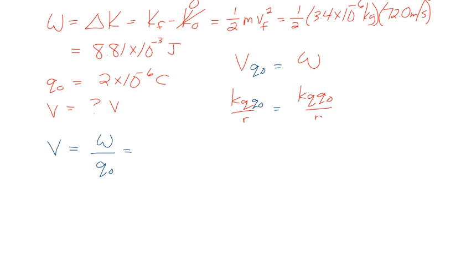So the W is 8.81 times 10 to the negative 3 joules, and that's going to be divided by 2 times 10 to the negative 6 coulombs. And so if you work that out, what do you get?